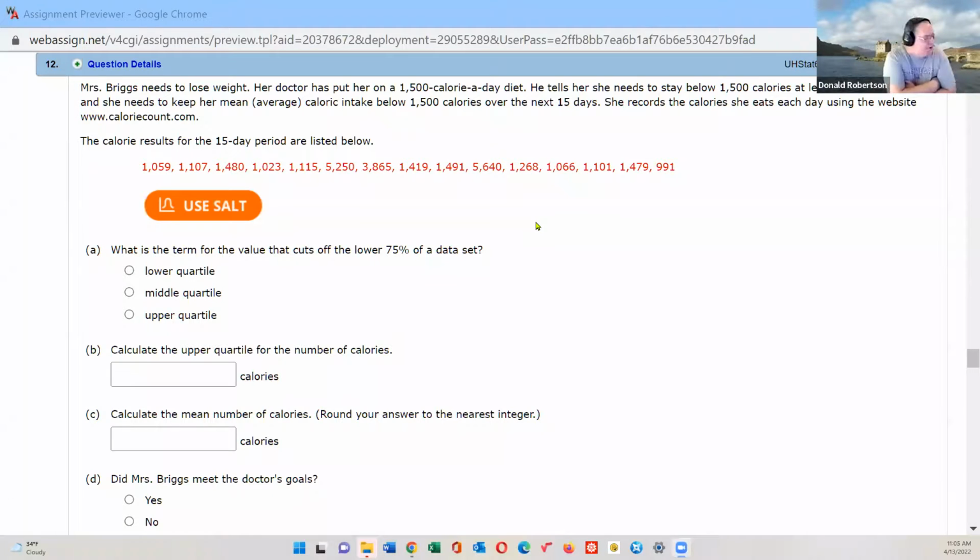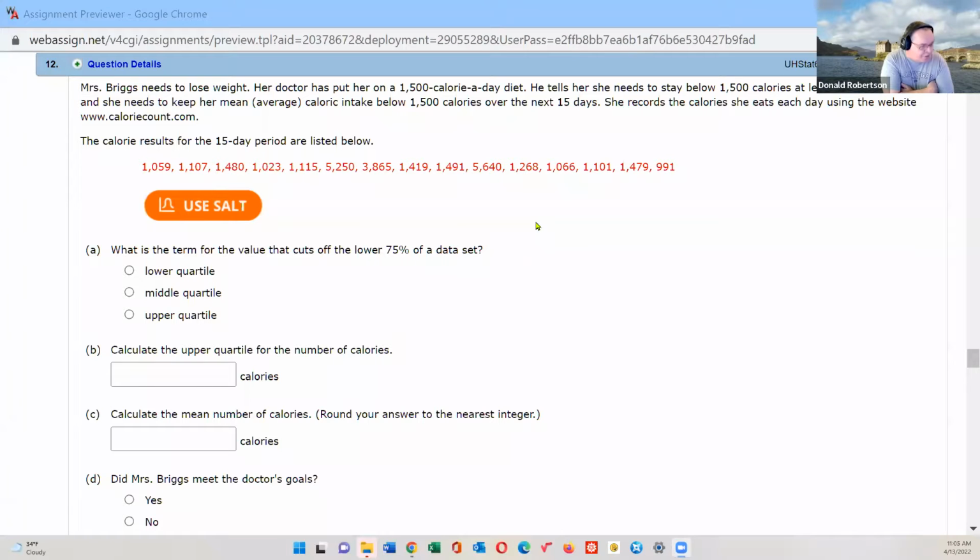And the first guy we're going to look at is question 12. So Mrs. Briggs needs to lose weight. Her doctor put her on a 1,500 calorie a day diet. And he tells her that she needs to stay below 1,500 calories at least 75% of the time, and that her average, the mean, has to be less than 1,500 calories.